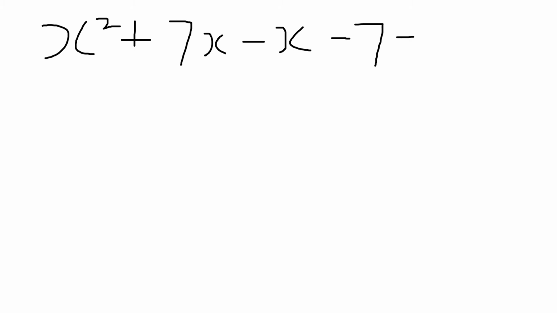So let us write what we have. We have x squared plus 7x minus x, and that is the same as 6x, remember, minus 7, and this is simply 0.